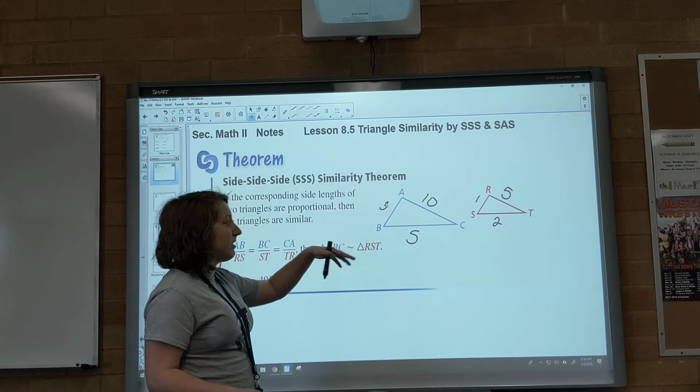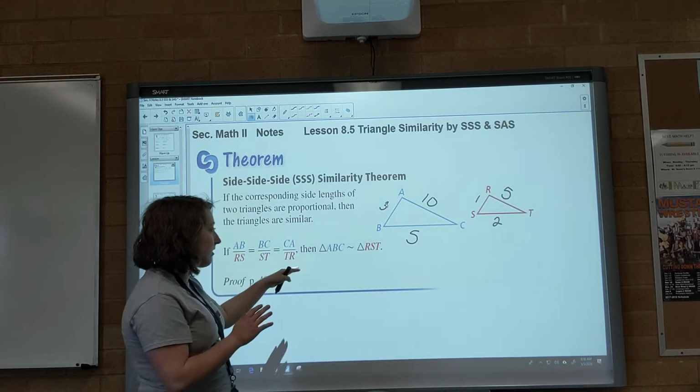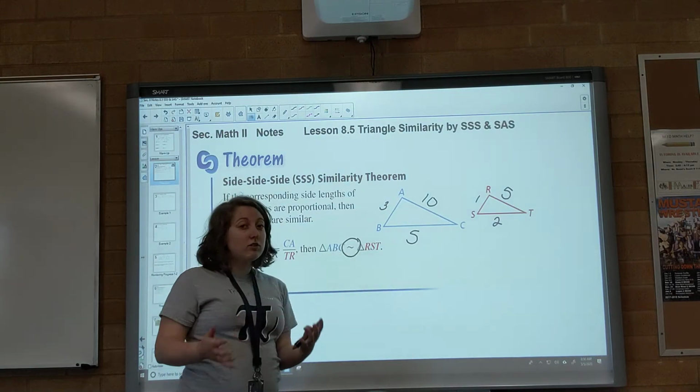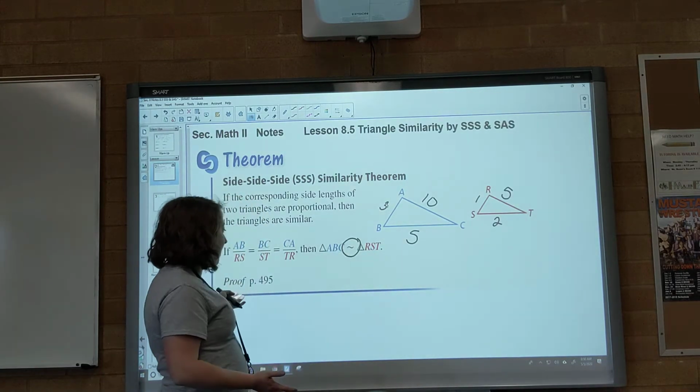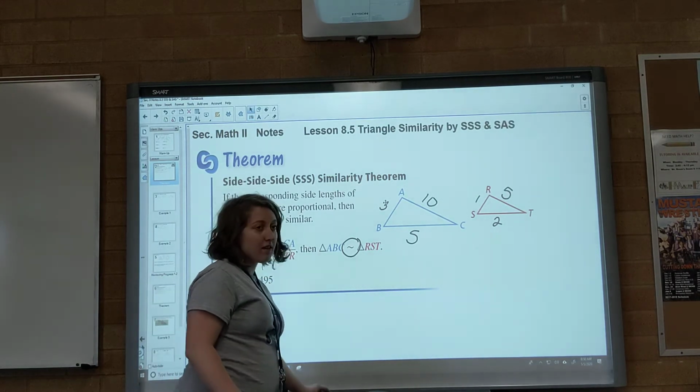In this case, again, my numbers are wacko, but if they come out to all be the same number, then you can say that the two triangles are similar. And also what you're finding when you do that is the scale factor. Remember back to our scale factor lesson.